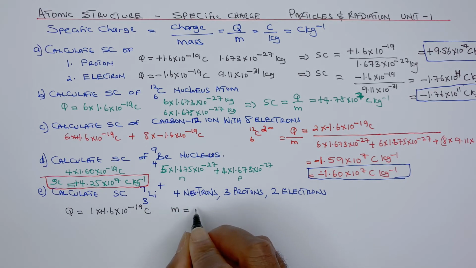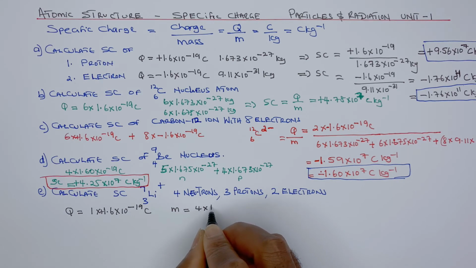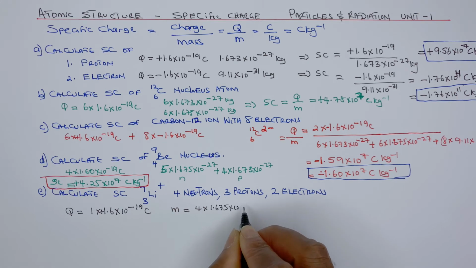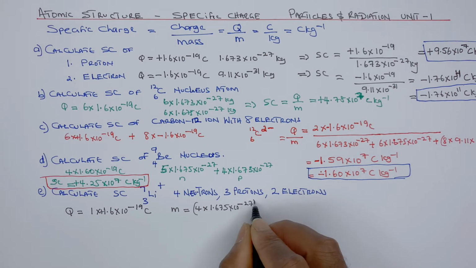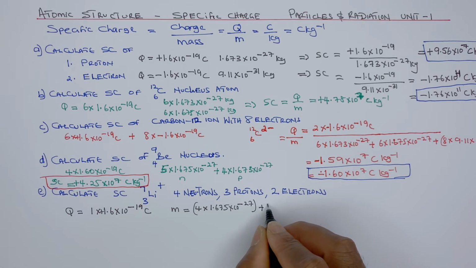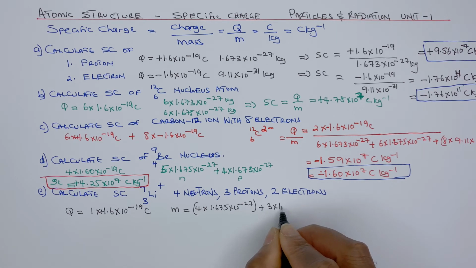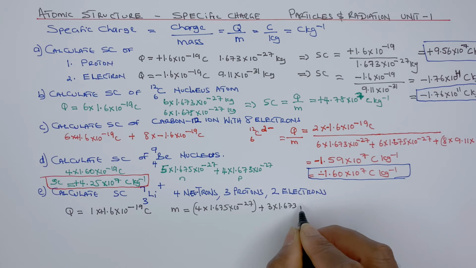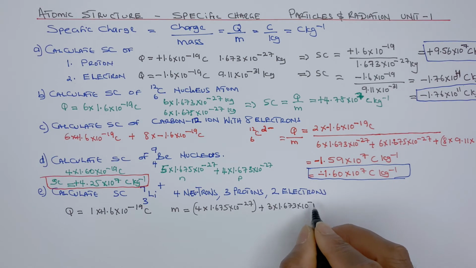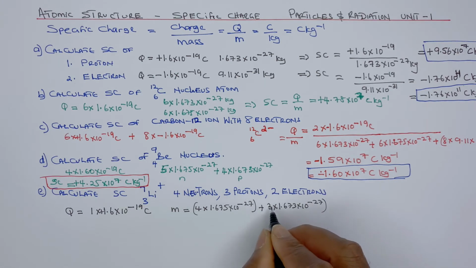So you've got 4 times 1.675 times 10 to the power minus 27 plus 3 times 1.673 times 10 to the power minus 27.